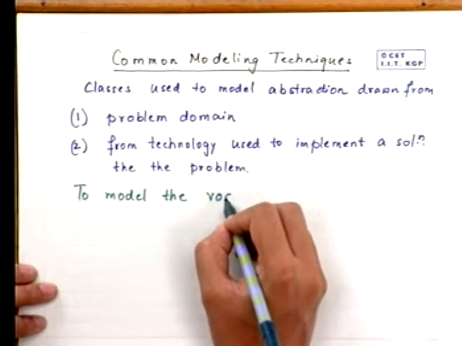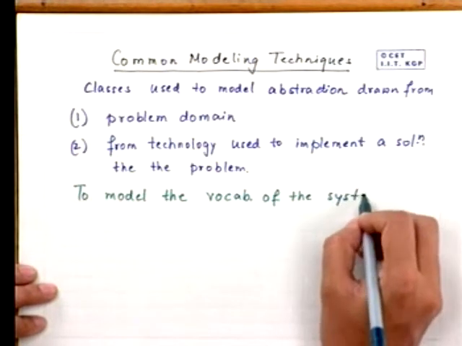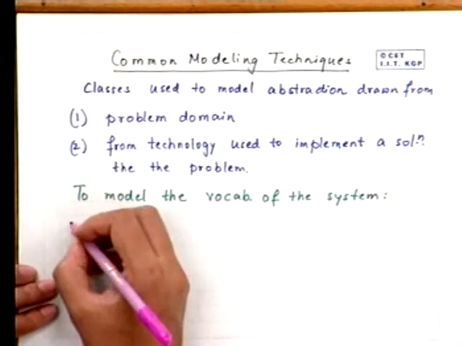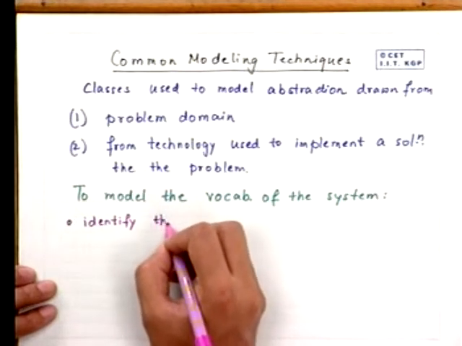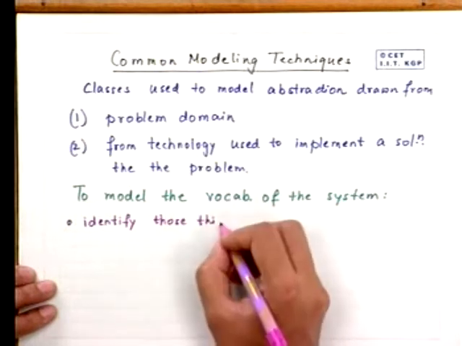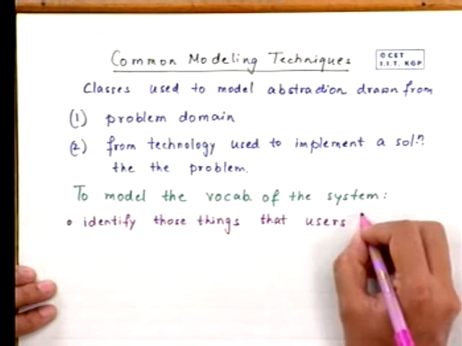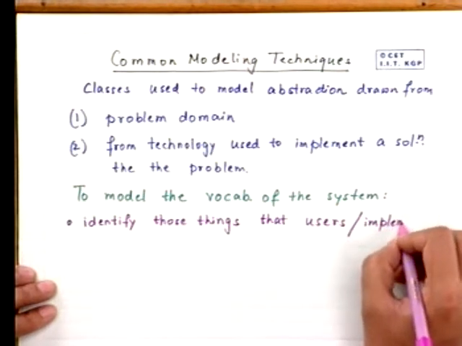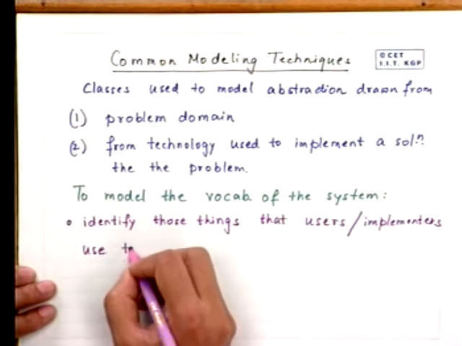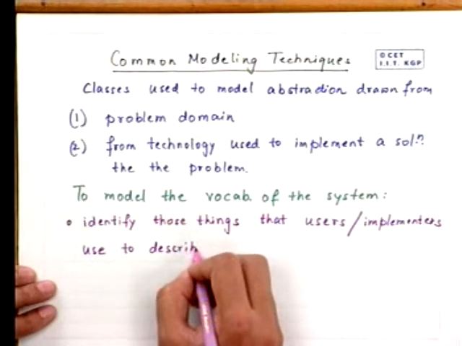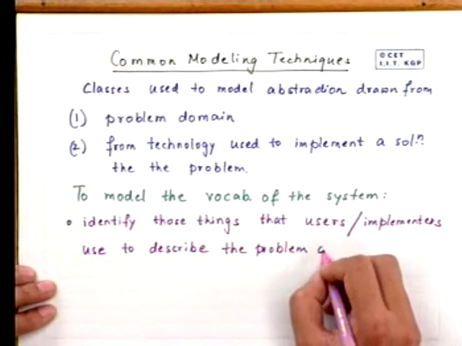To model the vocabulary of the system, you must first identify those things that users or implementers use to describe the problem or the solution.